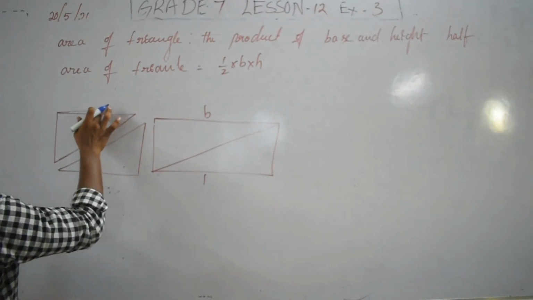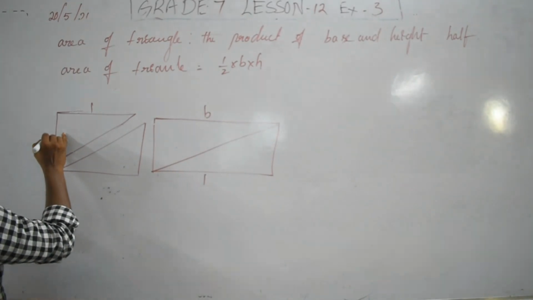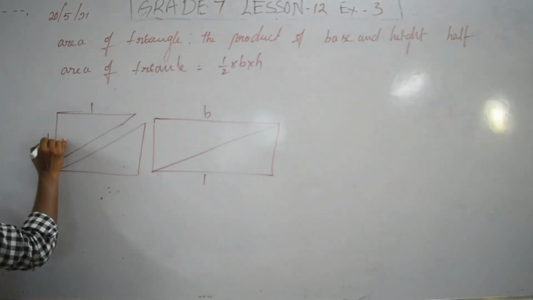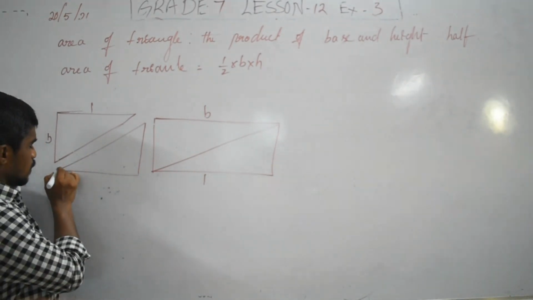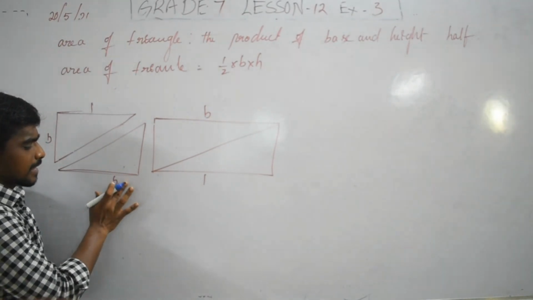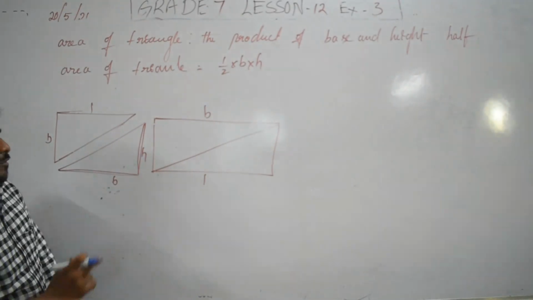See, now this is the length, this is the height. No, this is the breadth. Now this is a triangle. In this triangle we are measuring this length as the base, and this is the height.